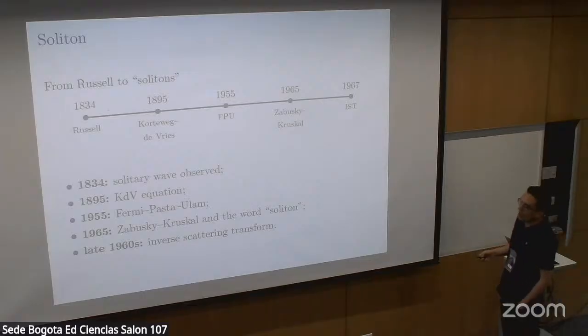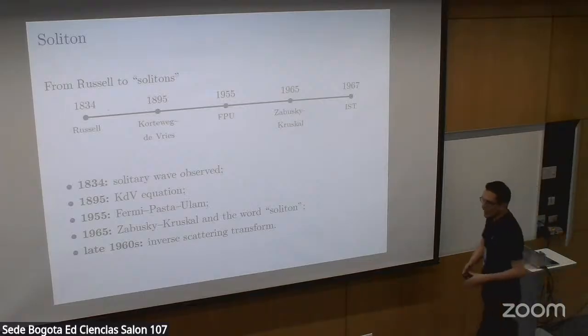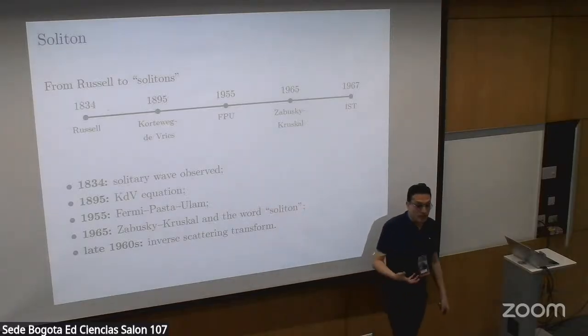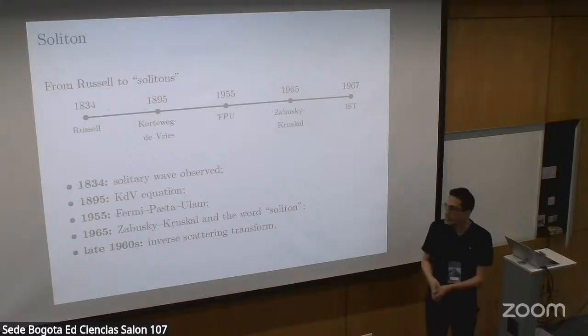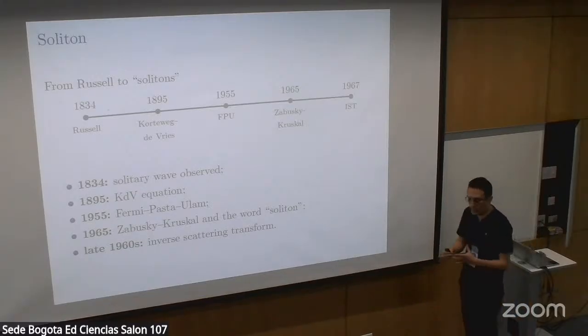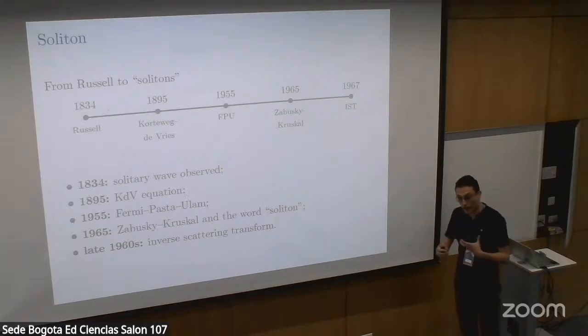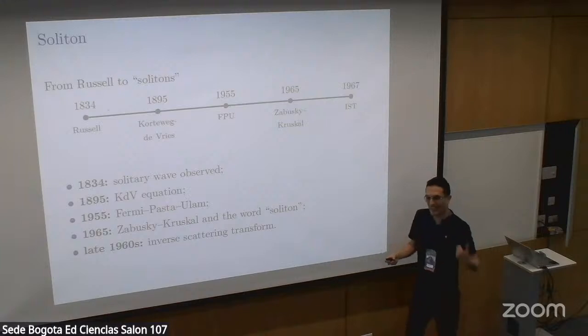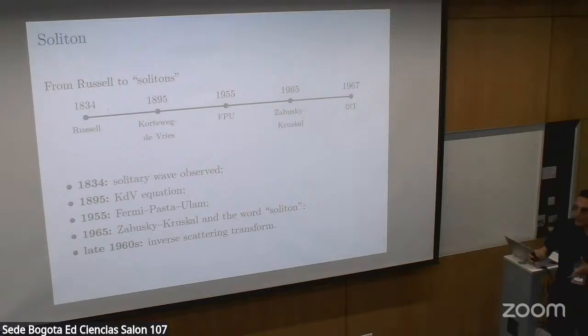But what is important, and I want to point out, is that numerics help really to understand these things. There's these guys, Fermi, Pasta, and Ulam, they tried to understand the KDB using simulations, computer things, and checking what was happening. And because of them, the equation got like a super promotion, like it promoted the equation a lot.